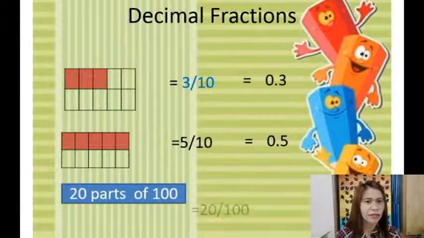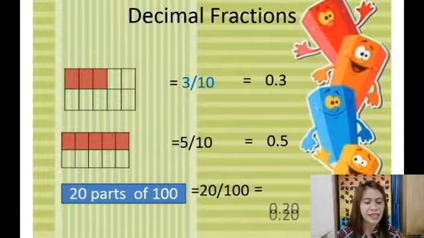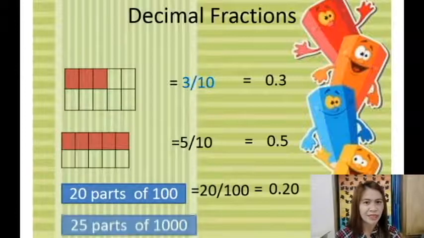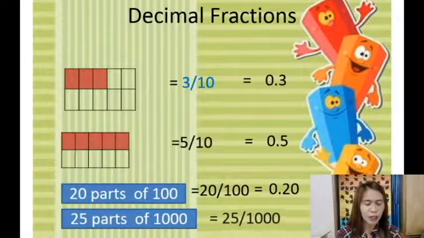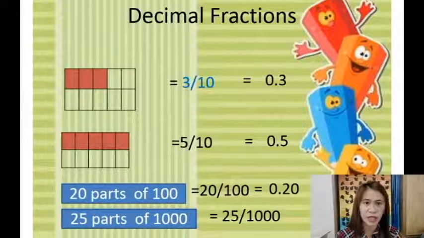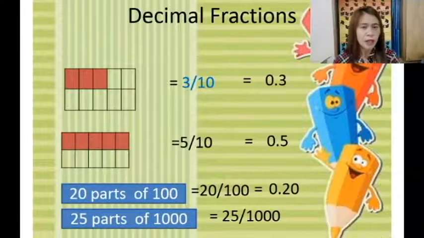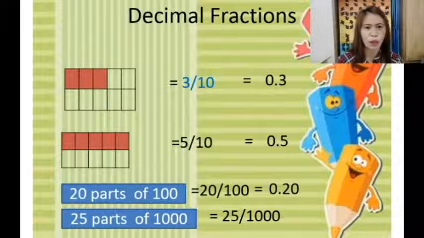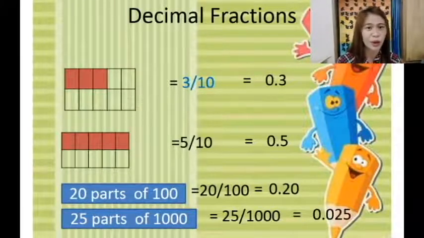Okay, and the 20 parts of 100 is 0.20. And then the 25 parts of 1,000, which means 25/1000, so that is equal to 0.025.